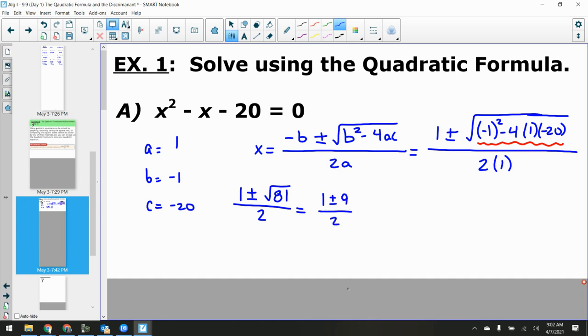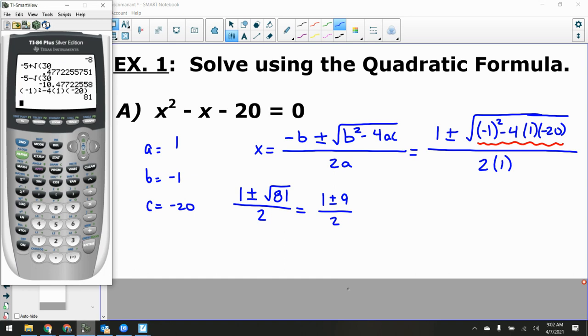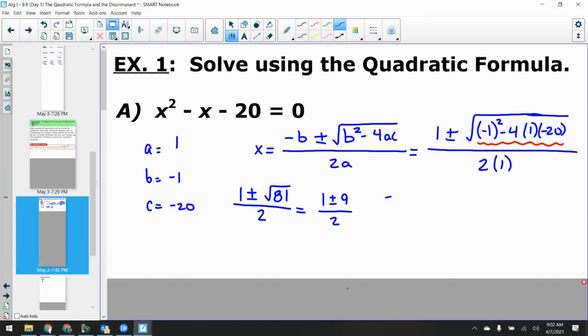All right, now, at this point, since that came out to be a nice, round, perfect square, I can evaluate my two solutions. I can take 1 plus 9 over 2. So 10 over 2, which is 5.